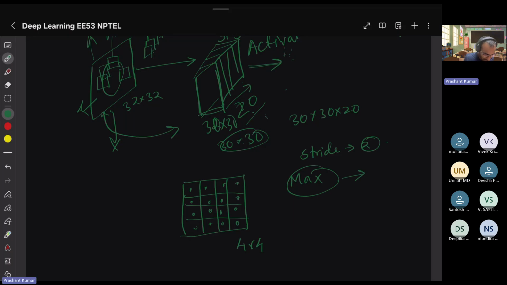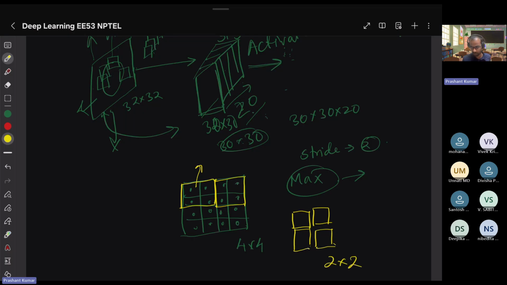So what I am doing in the pooling is taking these 2 elements and finding the maximum of that, and I will write it here. Again, I will take the maximum of this and write it here, again the maximum of this and write it there. So basically the dimension has been reduced directly by half.